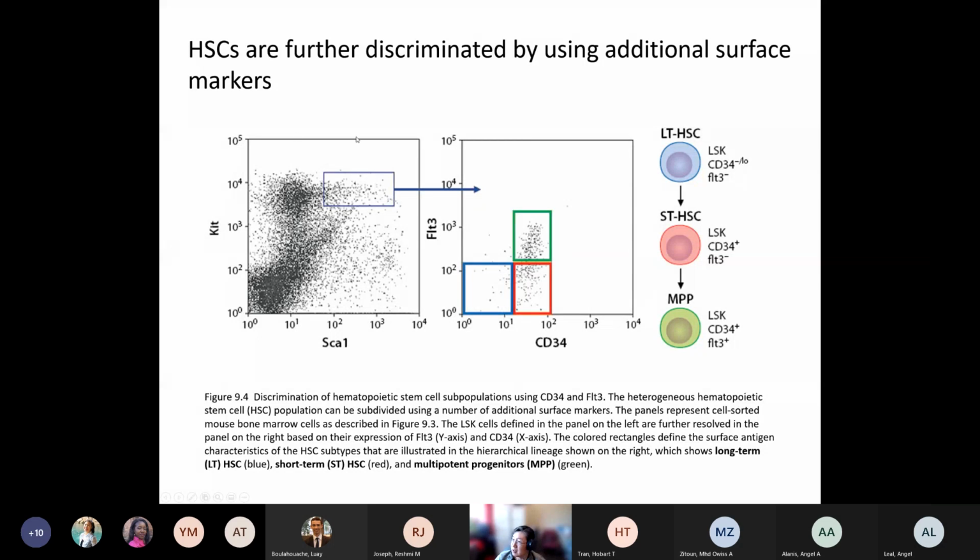So here, the starting point is KIT and SCA1 staining, and if you focus on this blue box, this blue box represents KIT and SCA1 double positive cells, right? You should be able to appreciate that. The cells here at the bottom corner are double negative. The cells to the left of that blue box should be KIT positive, but SCA1 negative, right?